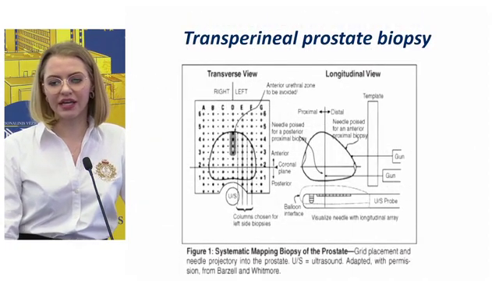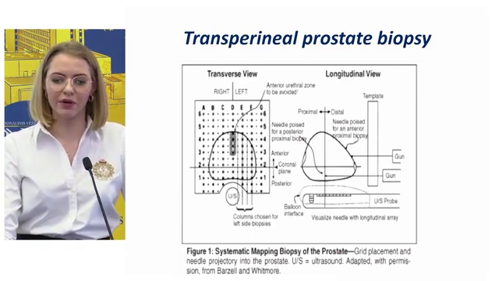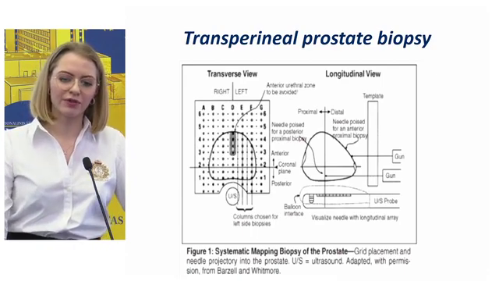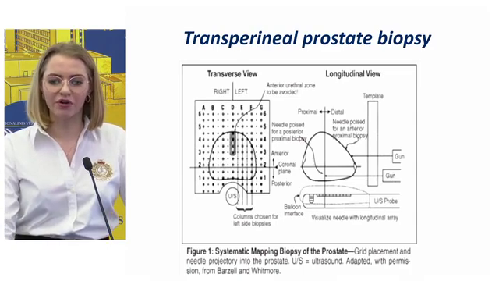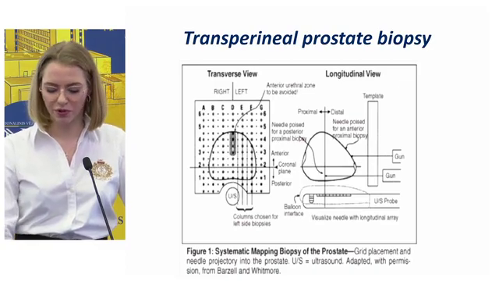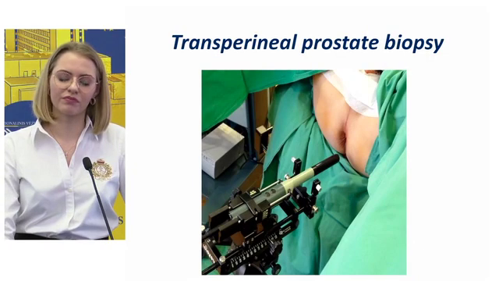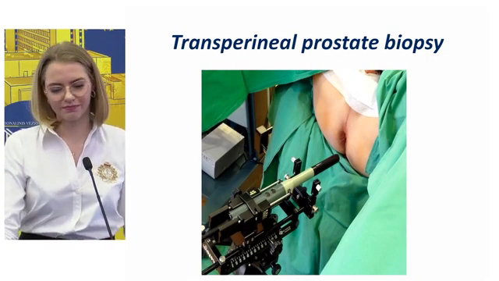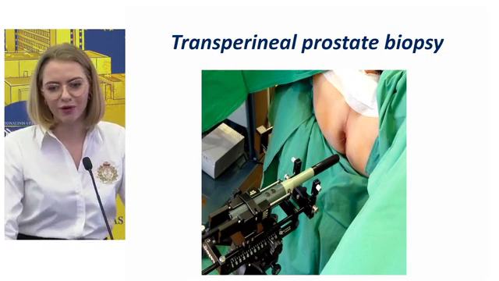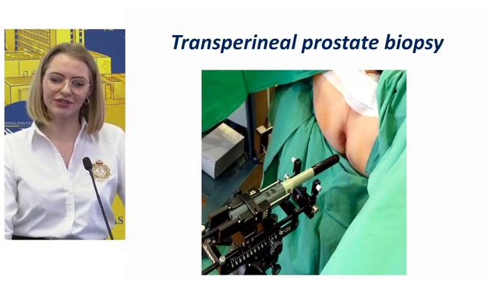Here we see a diagram of transperineal prostate biopsy, with the brachytherapy grid, the ultrasound probe, and the prostate itself. And this is how it's performed in real life, a picture from the procedure.